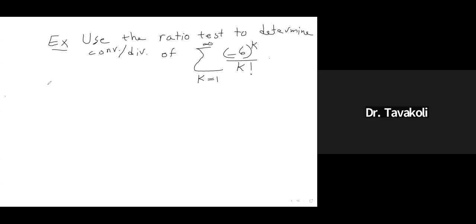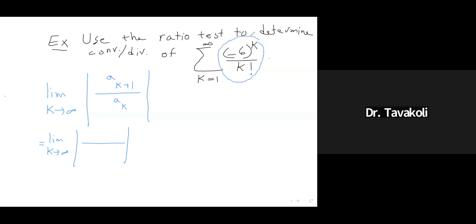So I should look at the limit as k tends to infinity of the absolute value of a_(k+1) over a_k. The absolute value of the k plus 1 term: in the general term of the series, wherever you see k, replace it by k plus 1.